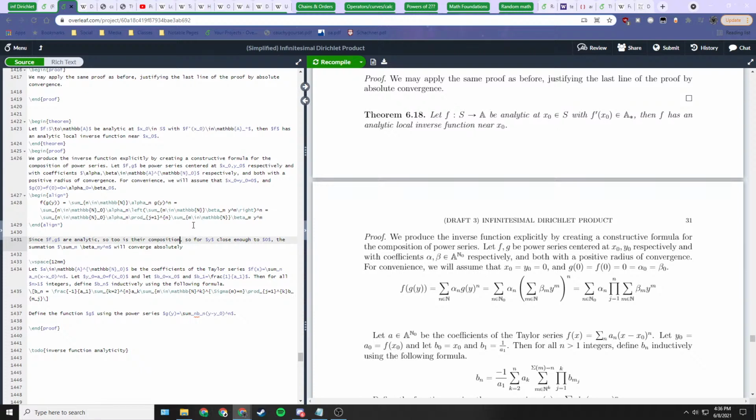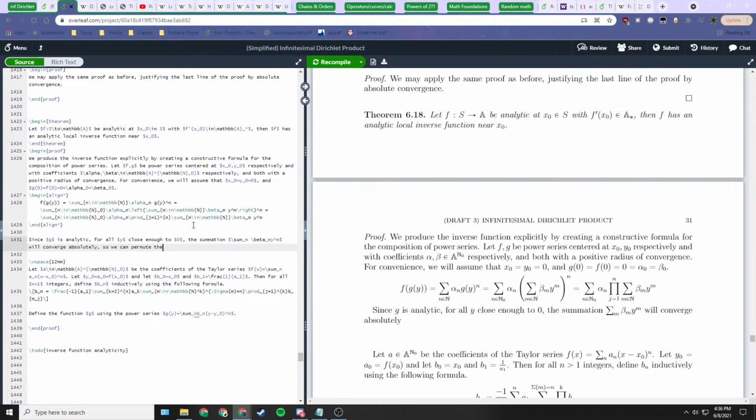Actually, we don't even need this. We can say, since g is analytic, for all y close enough to 0, the summation will converge absolutely. So we can permute the sum and the product.